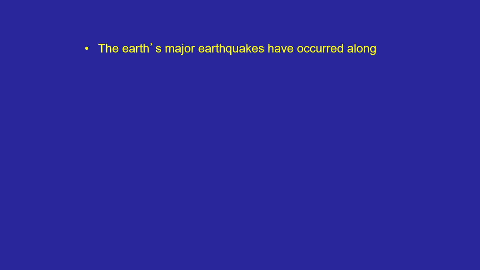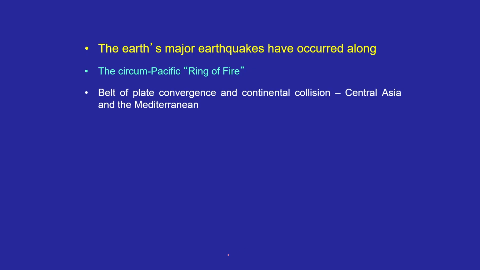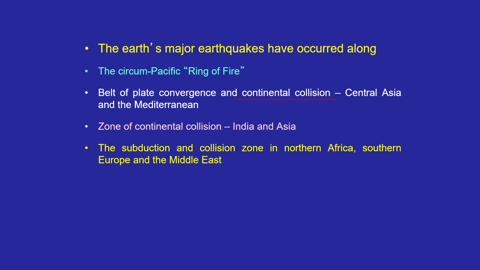So the Earth's major earthquakes have occurred along the circum-Pacific ring of fire, a belt of plate convergence, and continental collision. The best example is the Mediterranean and the Himalayan zone. You have a zone of continental collision between the Indian plate and the Eurasian plate, or Asian plate, or Tibetan plate.